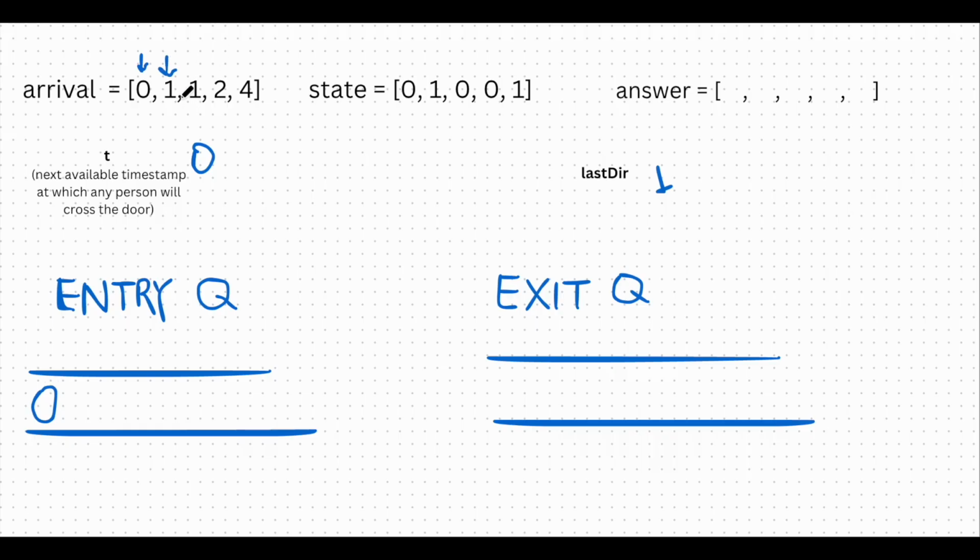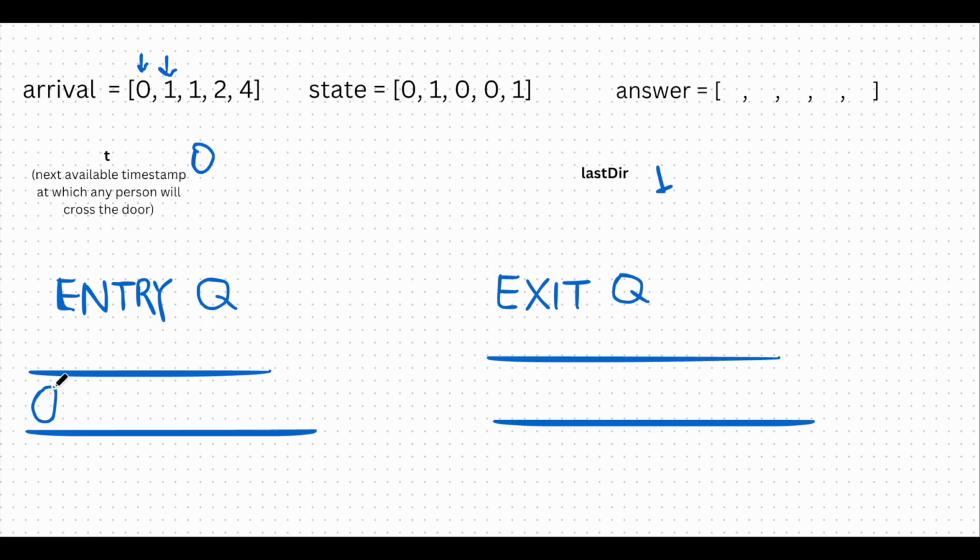Here the arrival time is 1, meaning that this person cannot pass through the door at t equals 0. So we wait over here and try to find the best candidate from these two queues. Based on the last direction, which is 1, we check the exit queue, but there is no person in the queue. Then we check the entry queue, and the person is present here with index equal to 0.